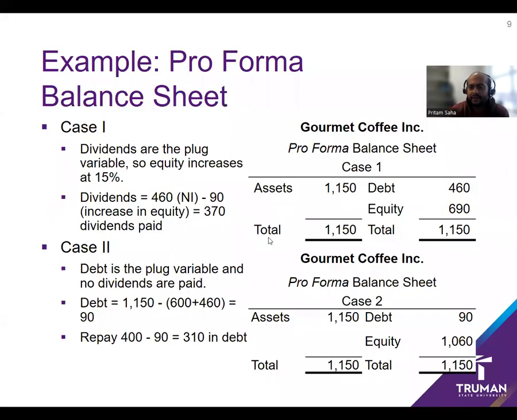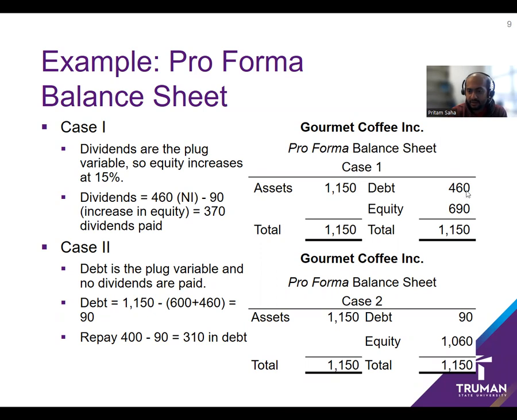Okay, so let's have a recap. Case 1, dividends are the plug variable, and we decided the debt and equity ratio should stay as is. What was the debt and equity ratio before as a share of sales? We are maintaining the same ratio. So we are using dividend as a plug variable.